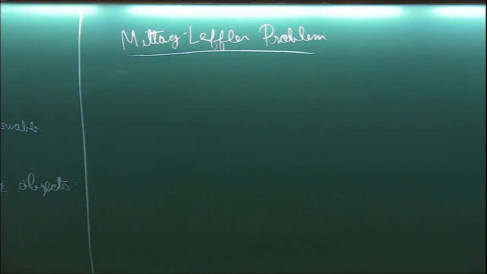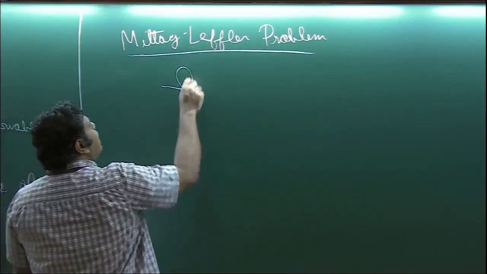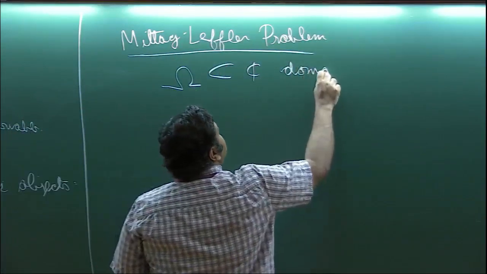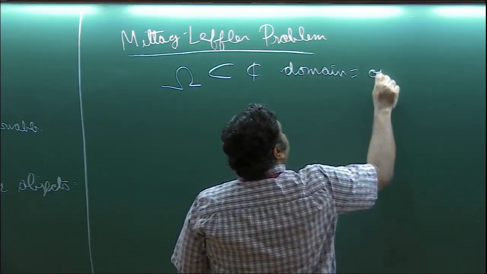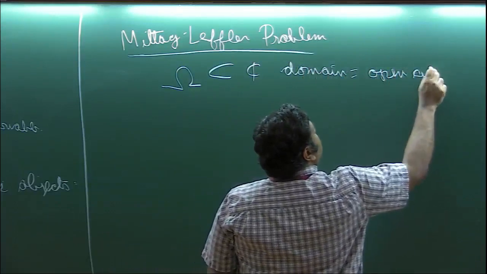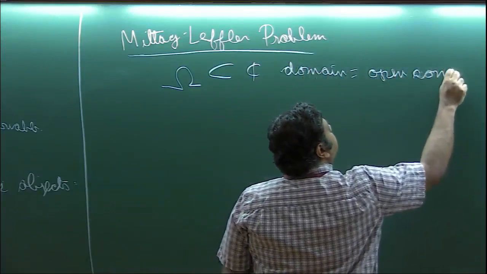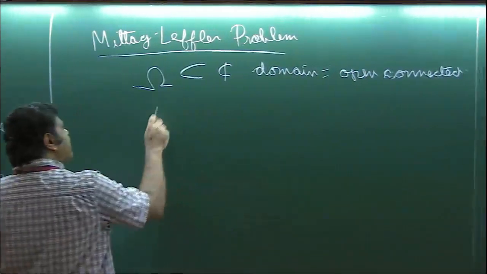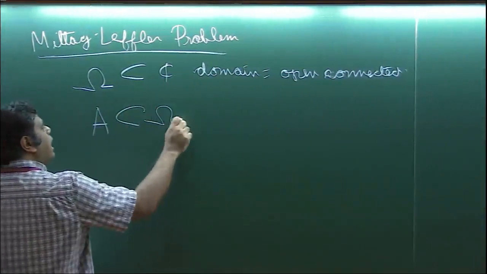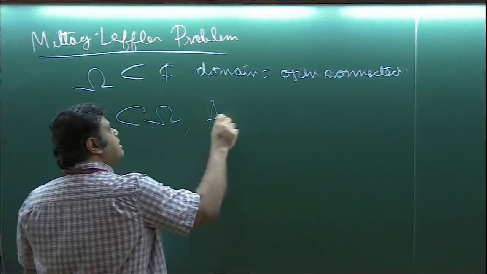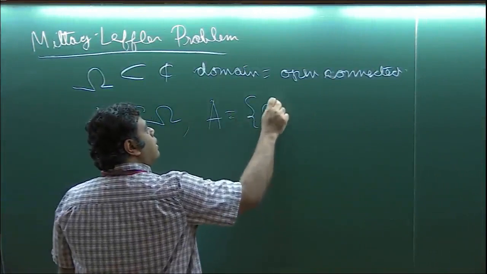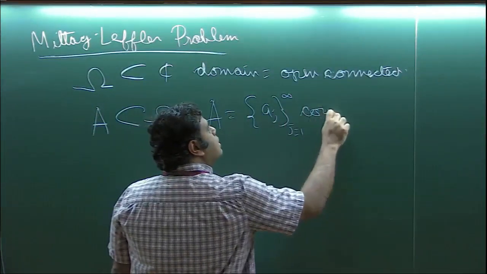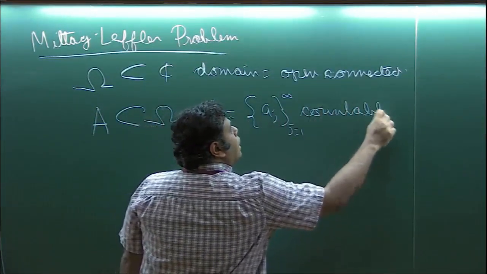So basically we are in the following situation. Omega is a domain, which means an open and connected subset. And we are given a subset A in omega. So this A is a countable set, a_j with j going from 1 to infinity.